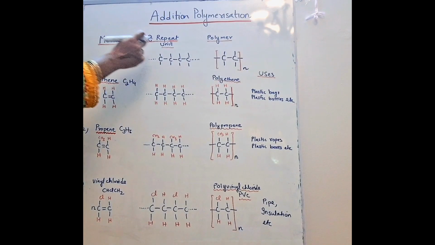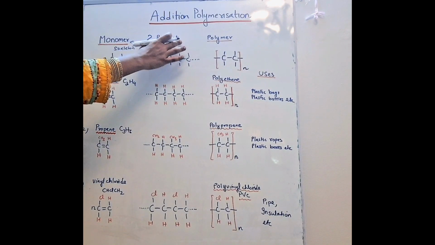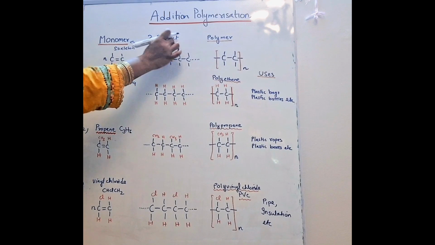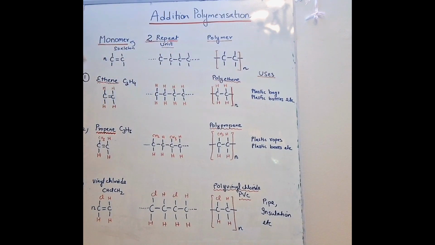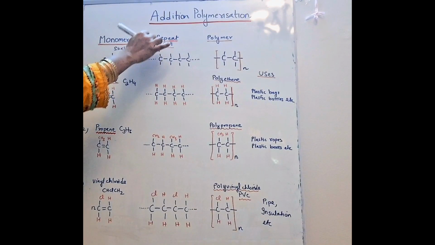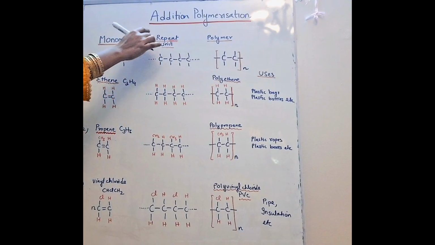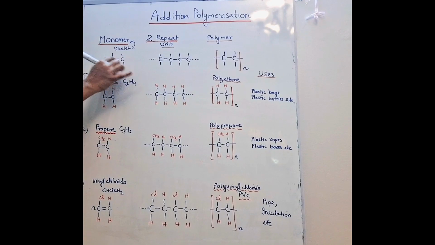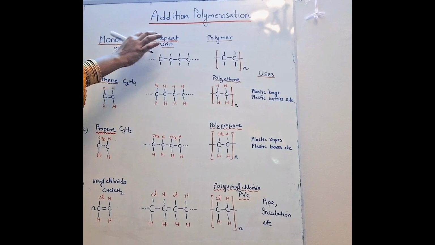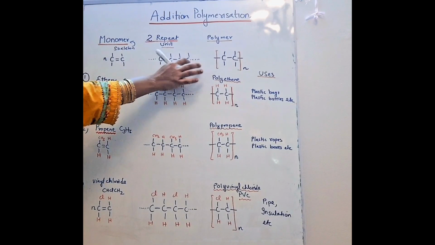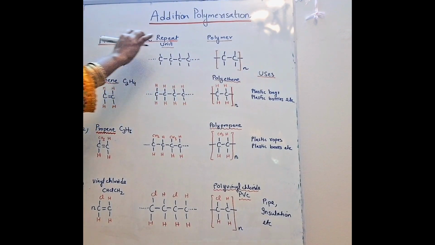Now, the next column, what is it representing? It is representing 2 repeat units. What is a repeat unit? Repeat unit is the monomer. Here I fix the number of repeat units at 2. You see, in addition polymerization the monomer has 2 carbons, so 2 repeat units will have 4 carbons.